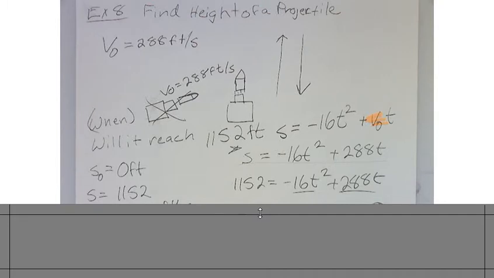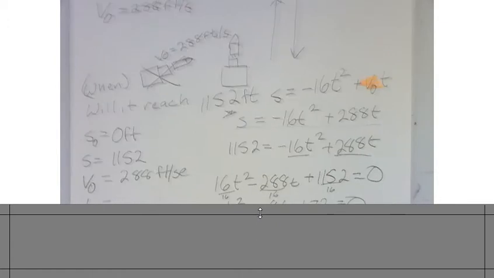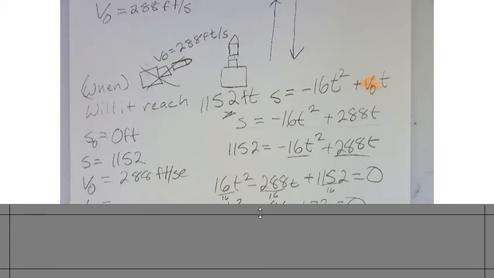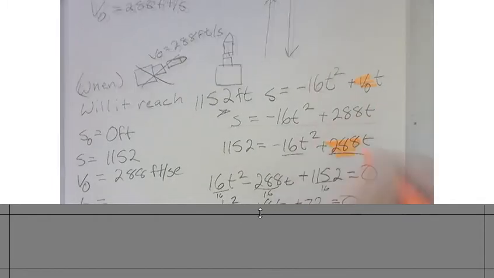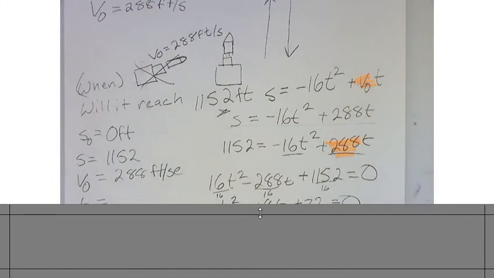We also know some other information too. We know that the initial velocity is 288, and as you may have already picked up on, and Mr. Adams already stated, the initial velocity gets plugged in here. So on that homework problem, I think one of your homework problems says the initial velocity is 256. Plug in 256 in that spot, and that should help you get the right answer.